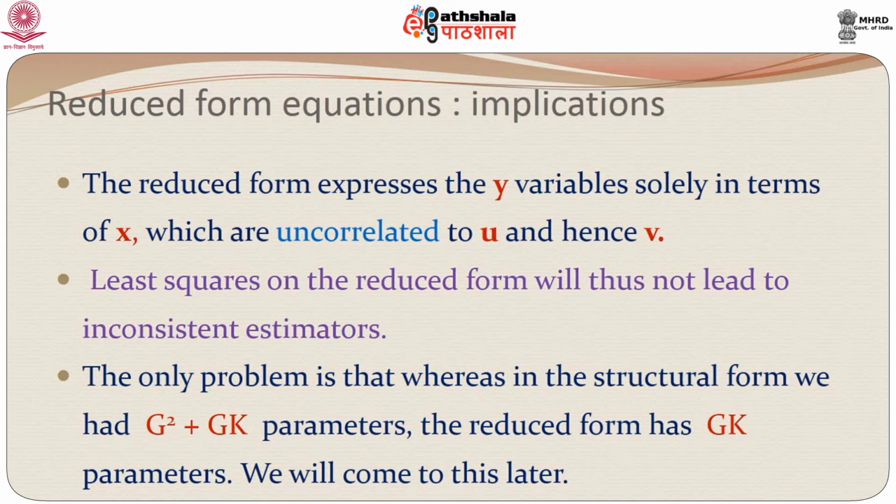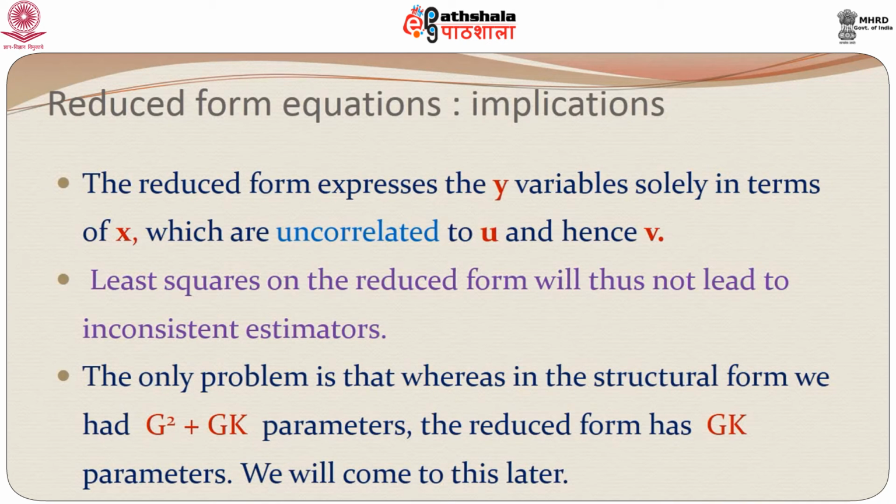Remember, x is uncorrelated to u, and hence x must be uncorrelated to v. So, we can use least squares on the reduced form and this will not lead to inconsistent estimators because x is now uncorrelated to the error. So, the problem of inconsistency would not happen if we are looking at the reduced form equations and applying ordinary least squares.